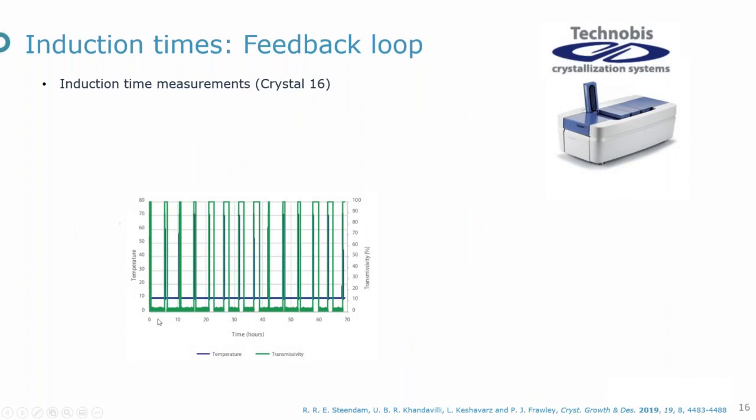Graphically, it looks something like this. We have on the horizontal scale the time in hours. On the left-hand side in blue, temperature, and the transmissivity, so the amount of laser light that's passed through the vial, is shown in green. Typically you would heat up until everything dissolves, cool down until you have a supersaturated solution, and then you wait until crystallization occurs.